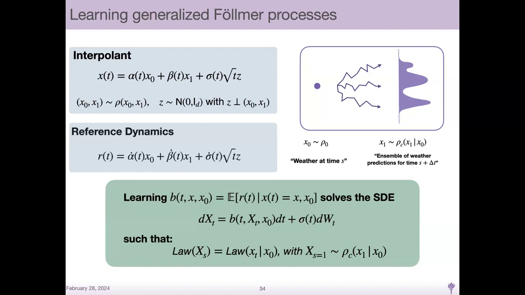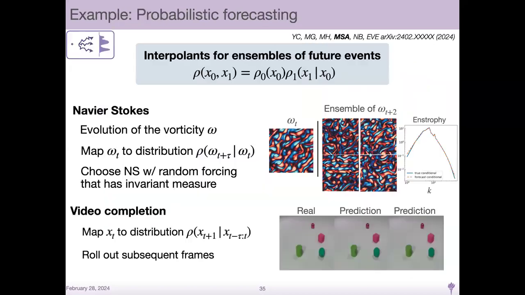And then this b solves an SDE that has the appealing quality that at any time t, it's sampling from the conditional density of xt given x0. So this is us saying we're going to be able to write down an SDE that takes a point mass, and in its stochastic dynamics associated with this drift b allows us to sample the entire ensemble of potential futures, for example, weather outcomes, next stages in your dynamical system, etc.